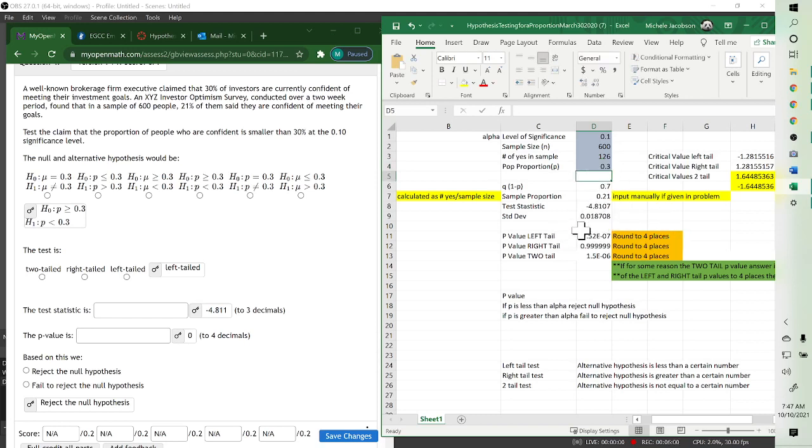Gives your test statistic negative 4.811, which is what we have here. And then this one, the p-value, we were doing a left tail, so it's the top one. Now, notice you want to be careful. This point, -7, means that we're moving to the left 7 units.